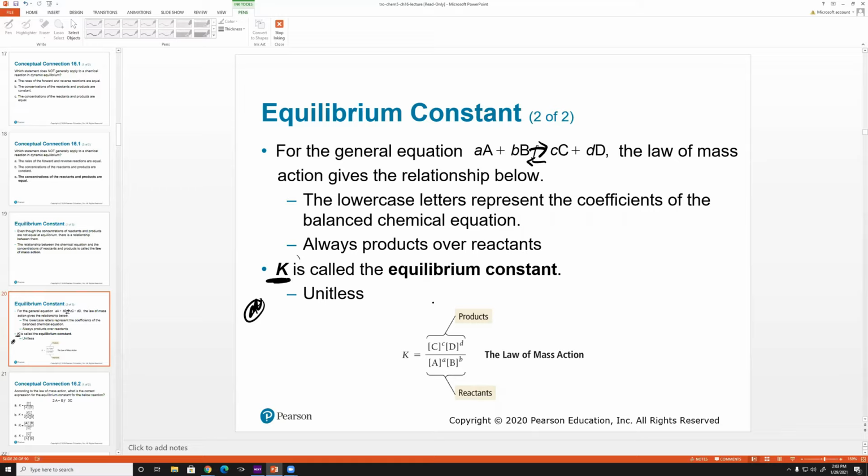What we can say about the equilibrium constant is that it is a quotient of the products over the reactants, where the exponents of the products and the reactants are their coefficients.